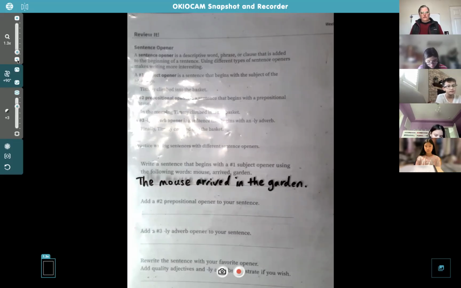At is also a preposition. It could be at night, the mouse arrived in the garden. That could be another one. Anybody else think of one? A prepositional opener?